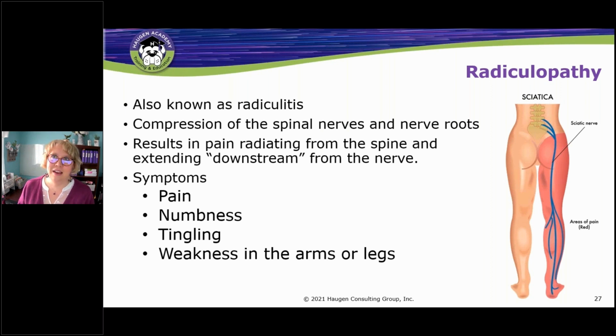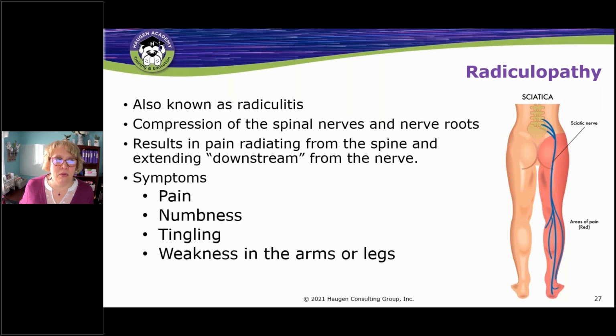And when I say spinal nerves, don't confuse that with spinal cord. As we mentioned, the spinal cord is part of the central nervous system, but the spinal nerves or the nerve roots are where those nerves come off of the spinal cord and then exit the spinal column and go to innervate different parts of the body. Radiculitis, that compression on a nerve root, results in pain that is going to radiate down from that nerve and then go downstream.